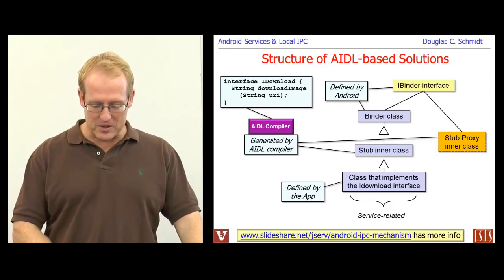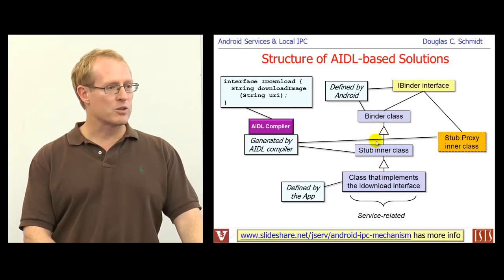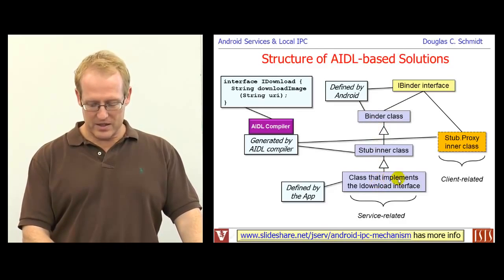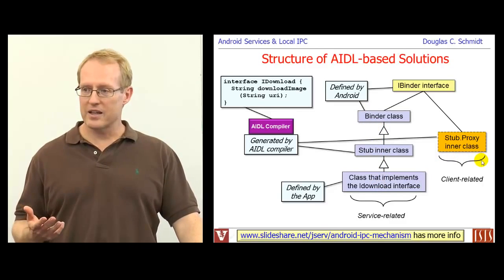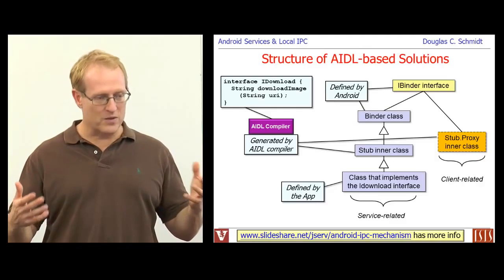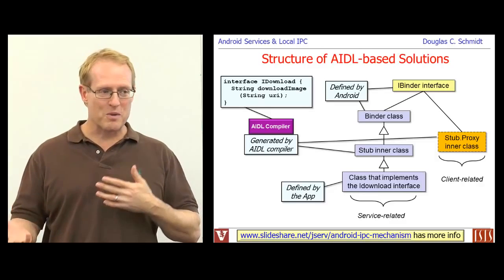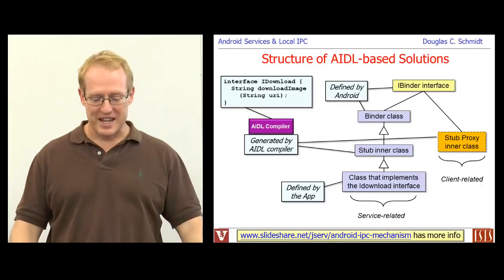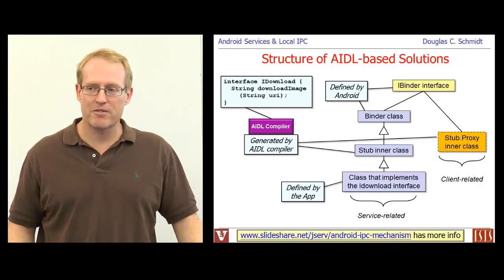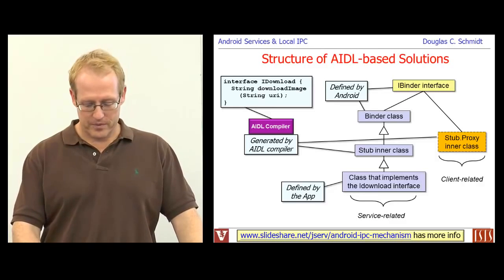And it turns out that this particular hierarchy here, these are all service-related kinds of things. And then the proxy is something that the client uses. So the client uses the proxy. The other side, the server side, which might be a service, or it may be a callback service, those things are inheriting from the Binder hierarchy.